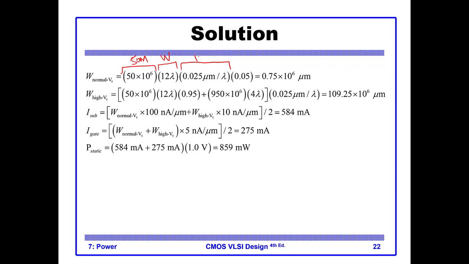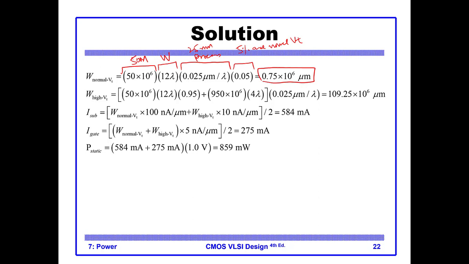This is our 25 nanometer process, and only 5% of them are normal VT. This is given. So we get this value, 0.75 multiplied by 10 raised to the power 6 micrometer.